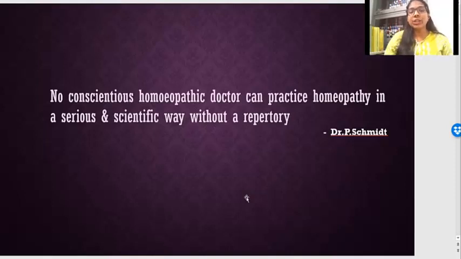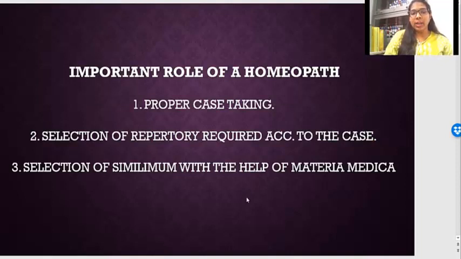And when a patient enters a clinic, we have three important rules: proper case taking, the selection of repertory according to the case, and the selection of similimum with the help of Materia Medica. So the three important things are case taking, the repertory, and the Materia Medica.